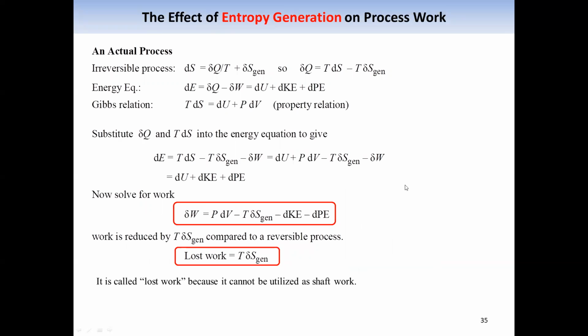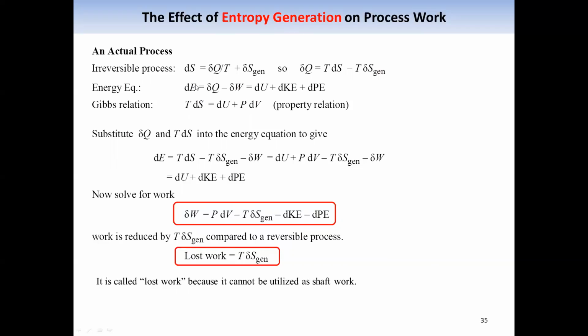Then let's look at the entropy generation equation in different aspects. It will generate the concept of lost work. This is the equation we just saw. Rearranging and solving for dq, we get this expression. And from chapter 3, the total energy change of a process equals dq minus dw. That's the first law.